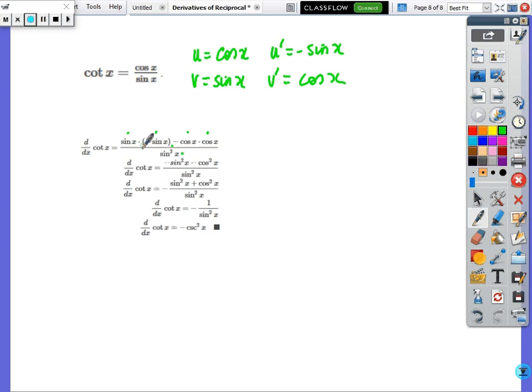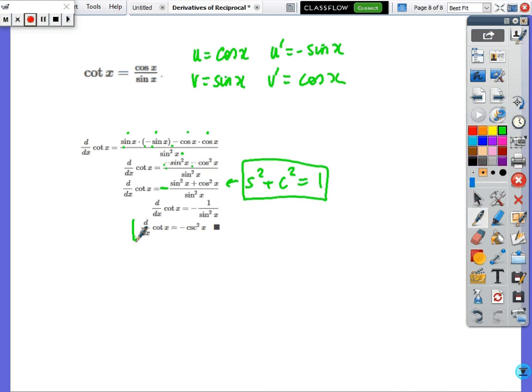So minus sine squared is the first one, so there's a minus there, minus cos squared over sine squared. And so minus is common to both, so I take the minus out, and then sine squared plus cos squared equals 1, which is a fundamental theorem. So I end up with minus 1 over sine squared x, and 1 over sine is cosec, so it's minus cosec squared. Okay, so that's the last of the proofs.